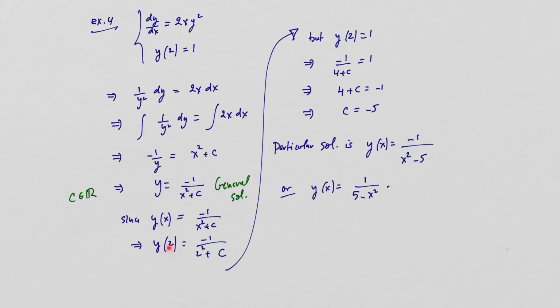So y of 2, that means plug in 2 for x, you get this, but we also know that y of 2 is 1. So this quantity has to be 1. Cross multiply, you get c equals -5. And here's what I meant to do earlier. I don't like negative signs, so I just got rid of the negative sign and flipped these two. Okay. So this is my particular solution.